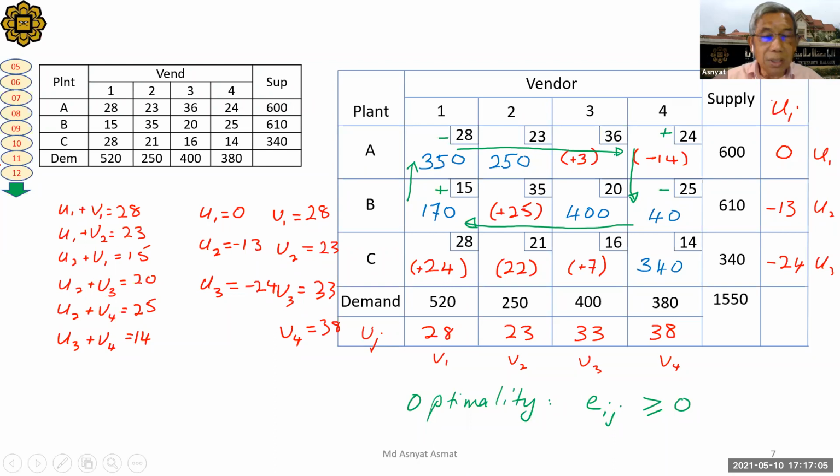Now, the next step is how many units are we going to shift? 40, 350. We look at the negatives and choose the lowest, 40.